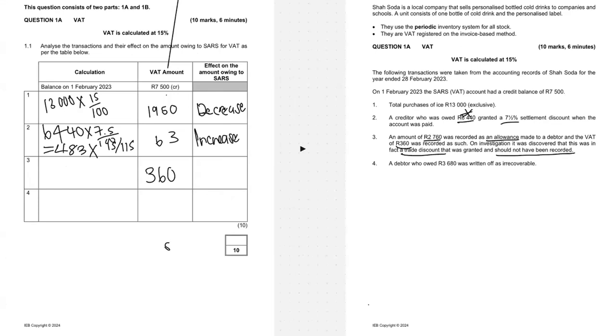When that allowance was recorded, the VAT recorded would have been input VAT or a reverse of output VAT, because when a debtor comes to buy from you on credit, that's a sales transaction, so we record output VAT. But when you give them an allowance on a return or something, then we call that a reverse of output VAT. This is what happened here. In error, they recorded a reverse. So now we need to increase the amount owed again. I don't know if that's making sense.